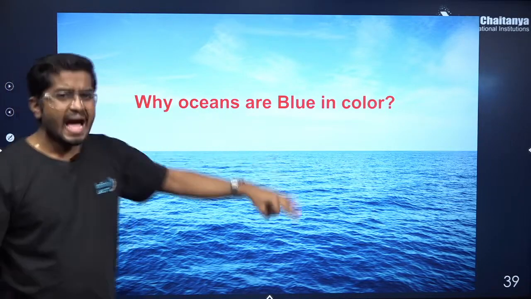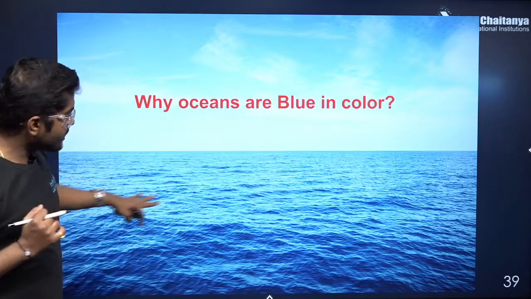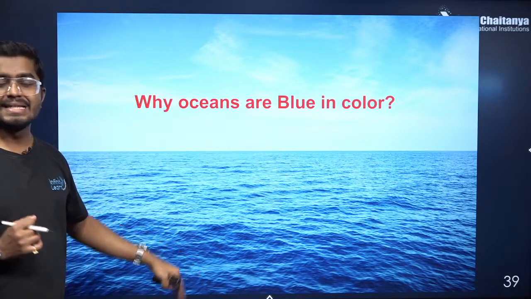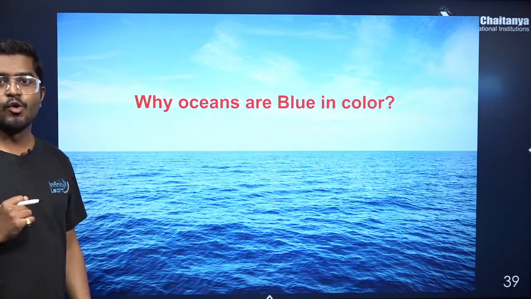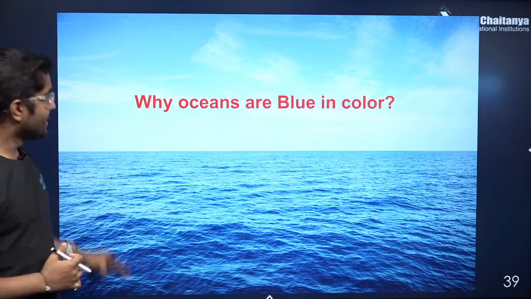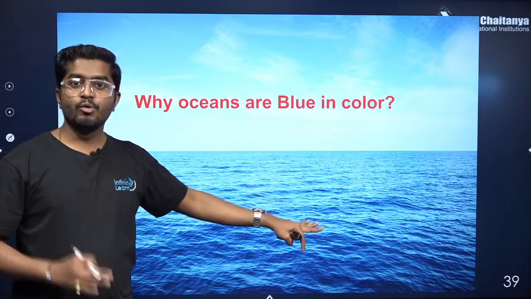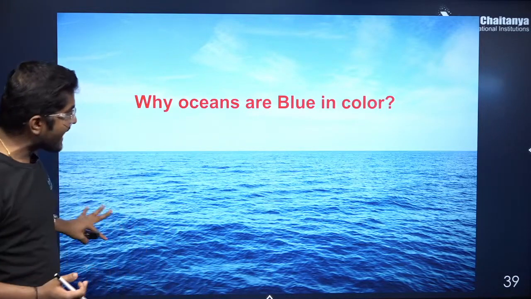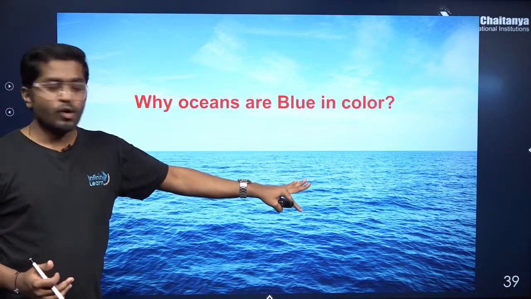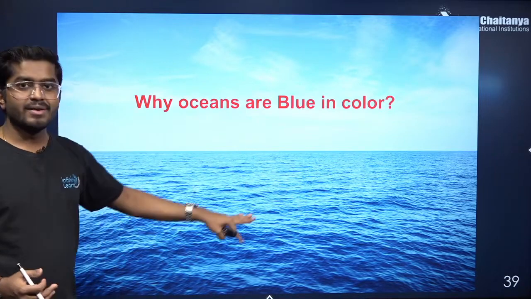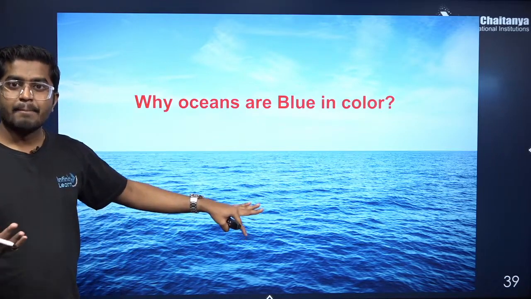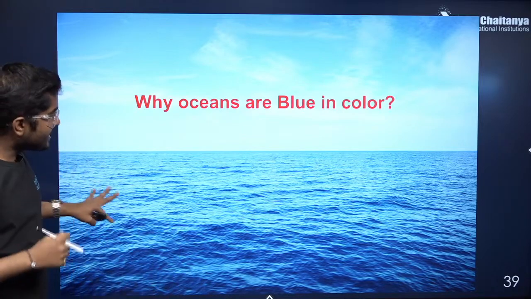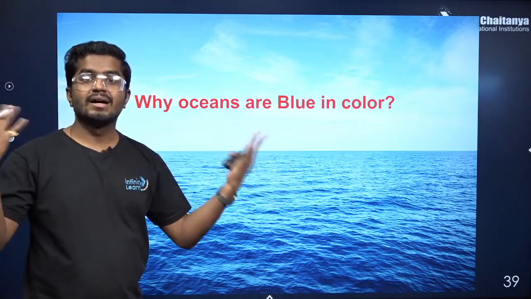This is an ocean. I used to think ocean looks blue because of the reflection of the sky. Is this correct? No, it is not correct. Oceans are not blue because of the reflection of light. There is something else. It is the scattering of light. So ocean will have water, correct? But is it a large particle or a small particle? This water is in the liquid form.